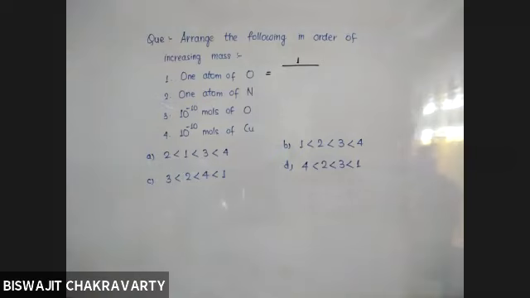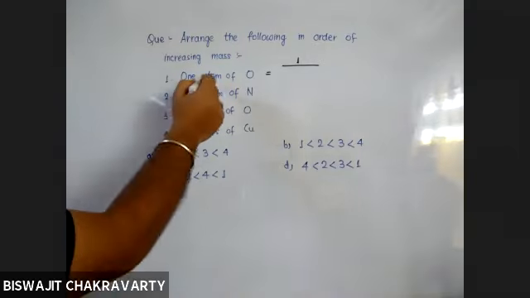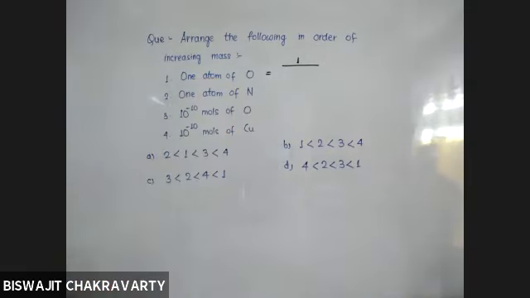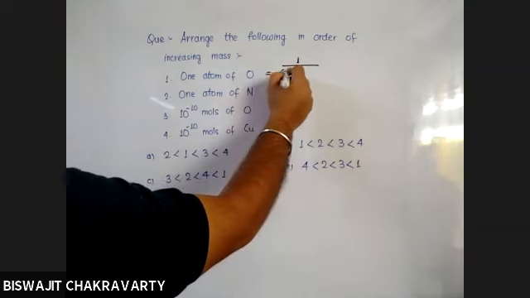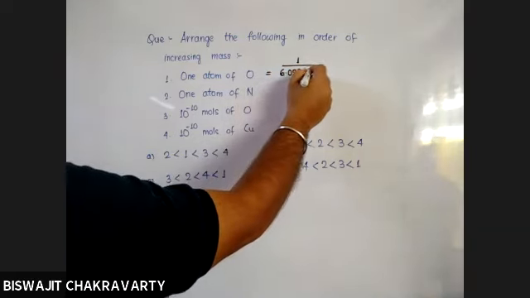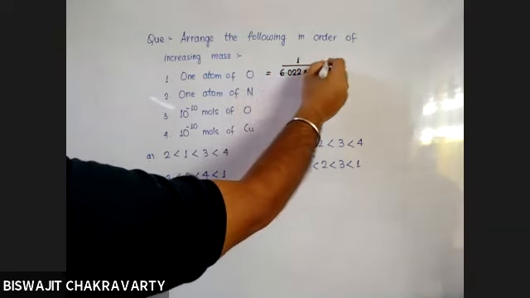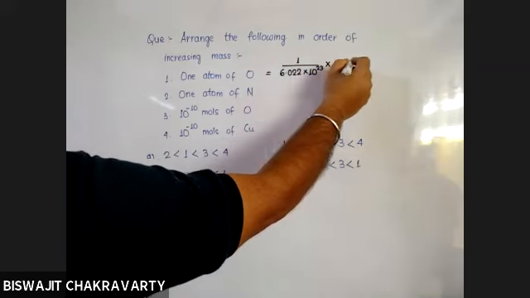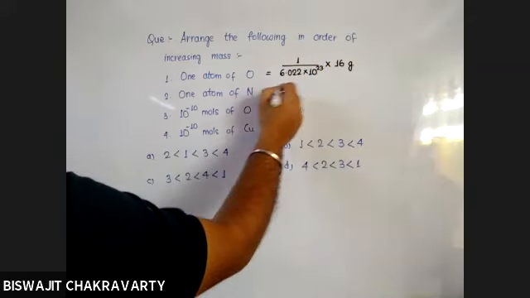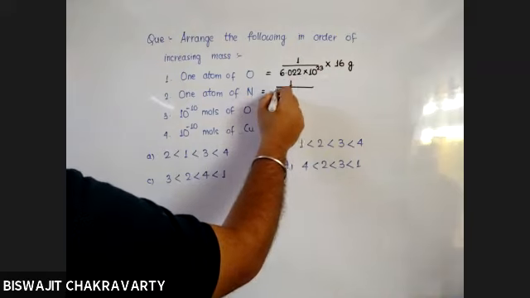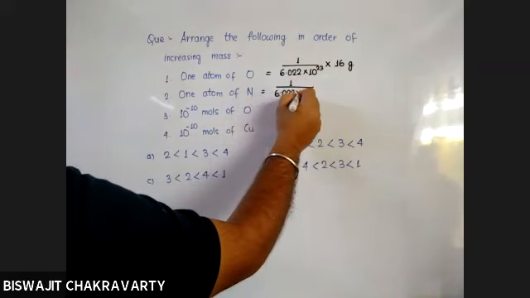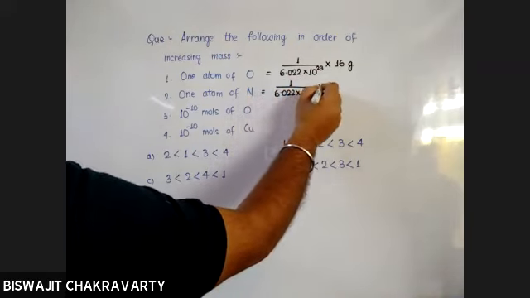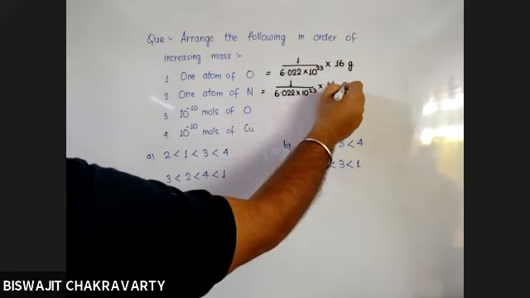Sir, Avogadro's number. If you are given atoms or molecules, you have to divide it by Avogadro's number, na? Multiplied with 16 grams. 1 divided by 6.022 into 10 to the power 23 into 14 grams.